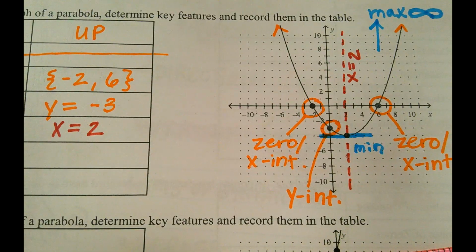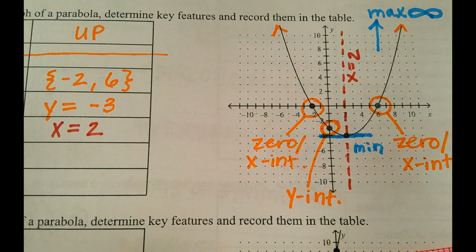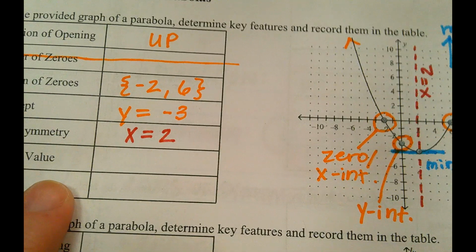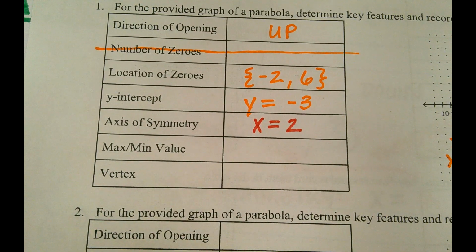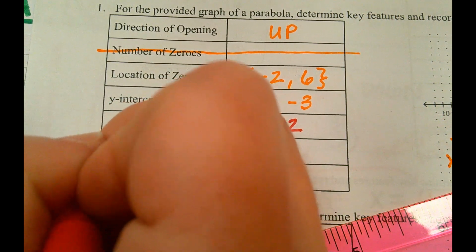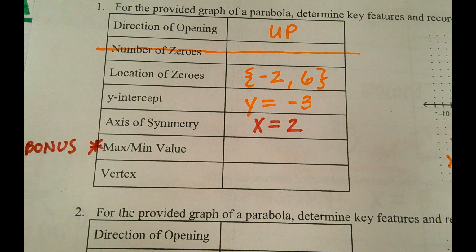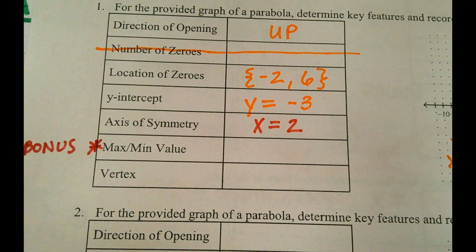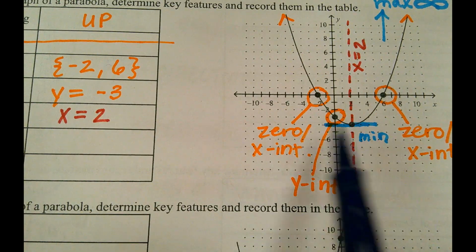So on that, would you put infinity? I will show you how to write it. You will use that infinity symbol, yes, but there's a special way that we write it. Again, this will be a bonus. So let me mark to the side. This is just a bonus question. And the way that we write the minimum to the maximum, we always start with the smallest value. So I don't like to do max first. But our lowest value, the minimum, we said was -4.